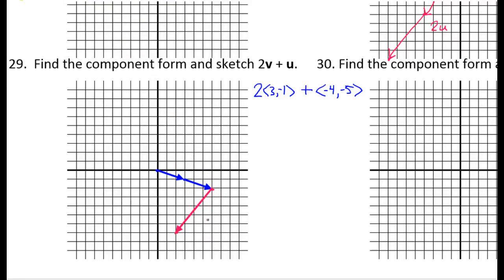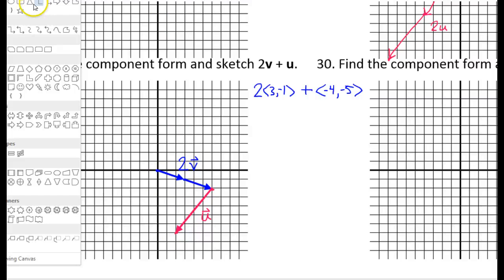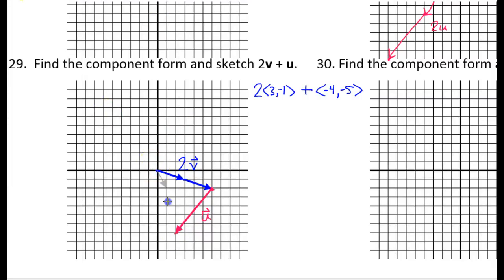Okay, so this is vector u, and this was vector 2v. Now the resultant vector, 2v plus u, will go from the beginning of the first vector to the end of the second vector. So the resultant vector should look like this. And so this is the vector 2v plus u.